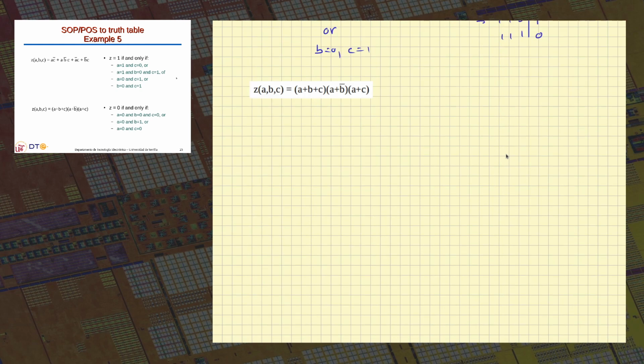With the product of sums, we can do something similar. In this case, it will be easier to find when the function is 0. So I will build my table again, A, B, C, Z. We write all the possible cases.